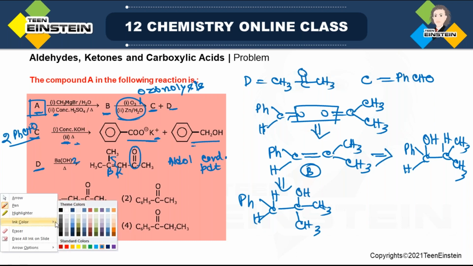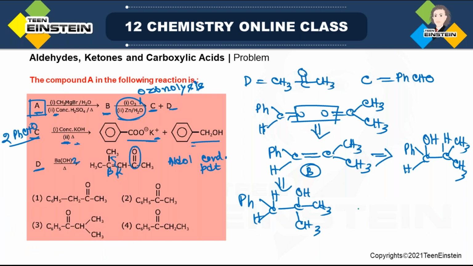Now among these two, how will you understand which one is correct? Suppose this product is 1 and this is 2. So 2 you can get, how? You are treating this molecule with CH3MgBr. Now if I write the retro step, it will be PhCH2COCH3.